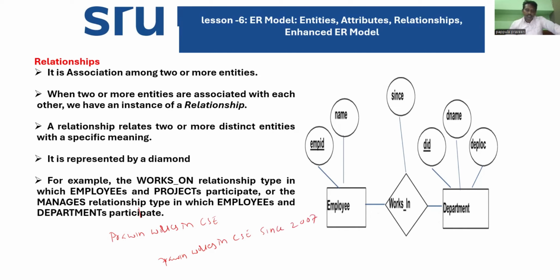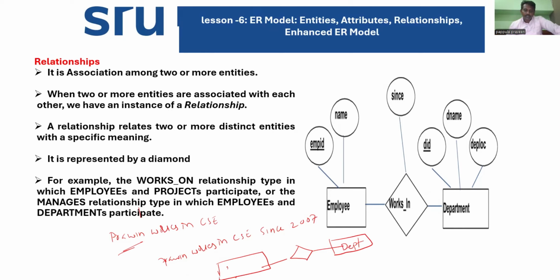These are two statements. Now, how can I write the entity relationship diagram? For the first one, I want to write here: Praveen is an employee in SR University. Now the department is CSC.